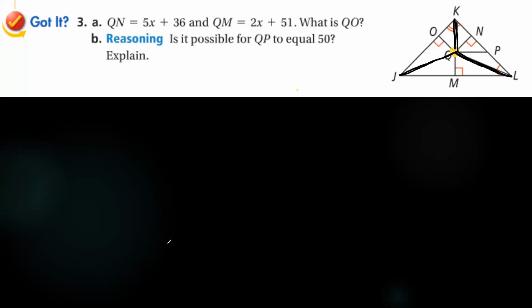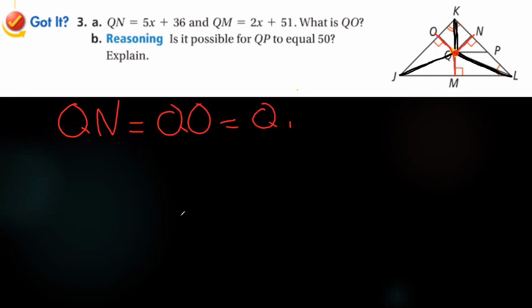Now, my theorem told me that if you draw lines starting from this point perpendicular to a side, from this point perpendicular to a side, and from this point perpendicular to a side, they will be equal in length. So that means QN is equal to QO and equal to QM.